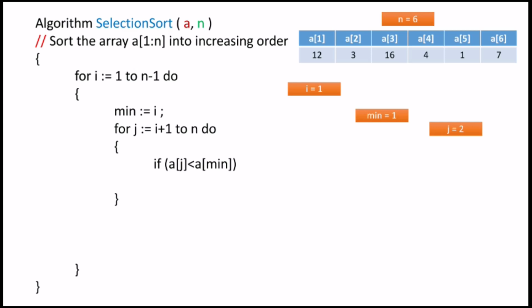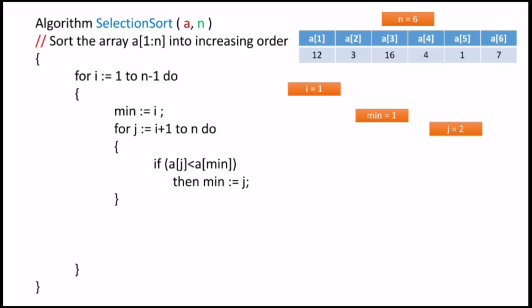The condition is that if the second number is less than the assumed minimum number, then we will change the position of minimum number. So in this condition 3 is less than 12, which is true. That means now we will change the position of minimum number.